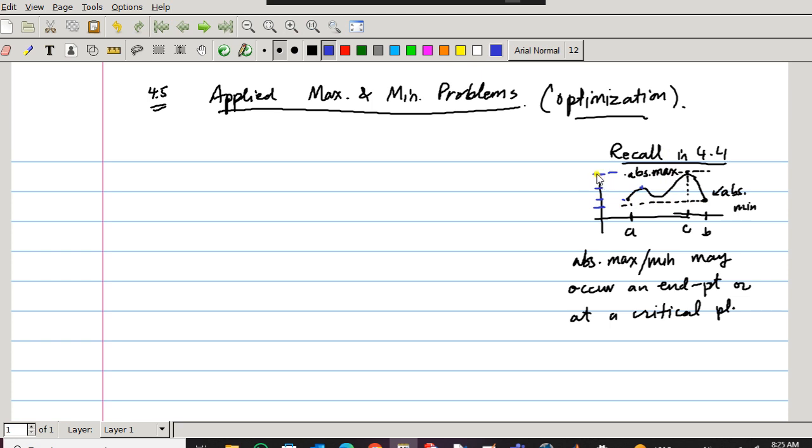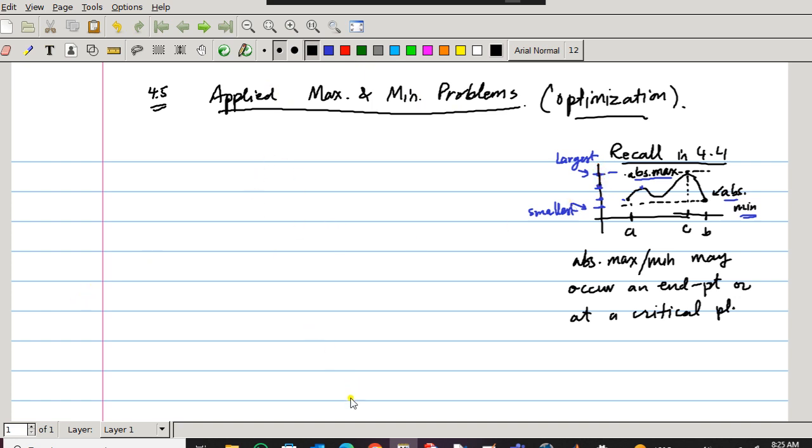So see, I got four values here. Why? 1, 2, 3, 4. So this is the largest one, so we just pick the largest, which gives you the absolute maximum, and this is the smallest one among the values of the function, which gives you the minimum. So finding maximum minima over a closed interval is very easy. Absolute maximum minimum.